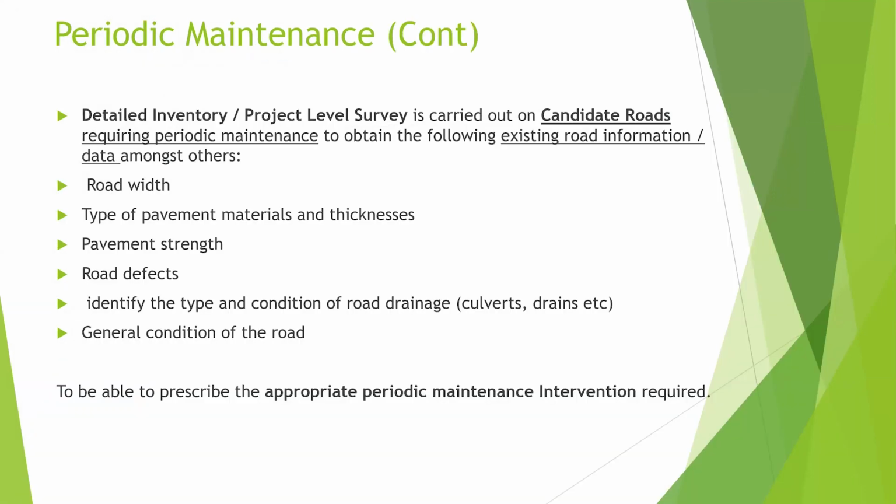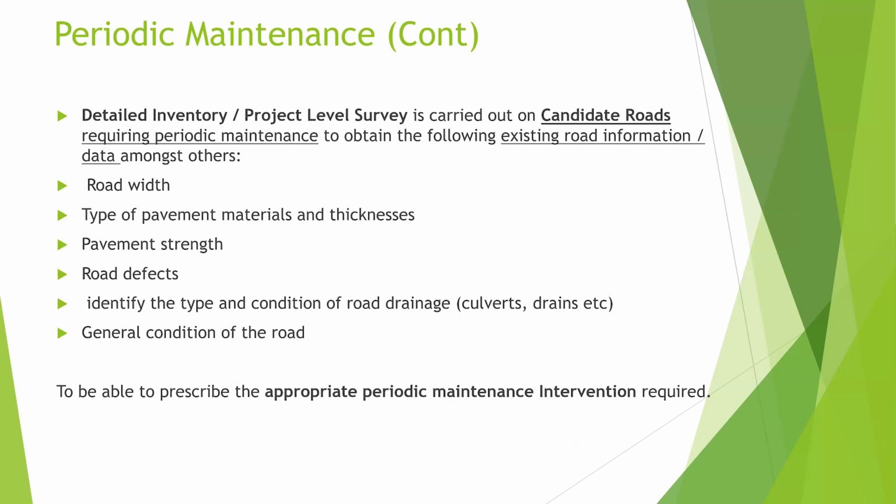So if a periodic maintenance activity is identified to be undertaken on any road, what we do is carry out a detailed inventory or project level survey. That is done on candidate roads requiring periodic maintenance to obtain the following existing road information, amongst others.